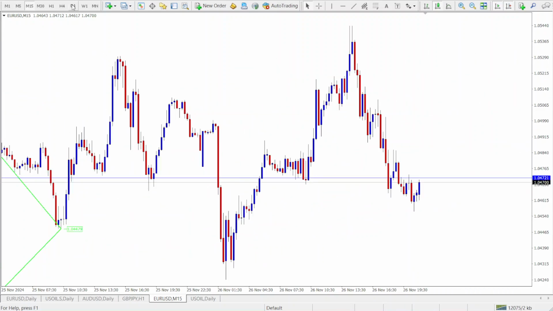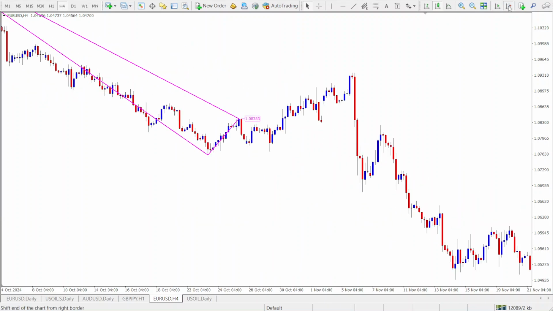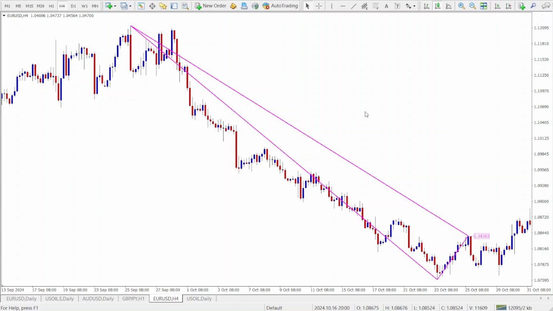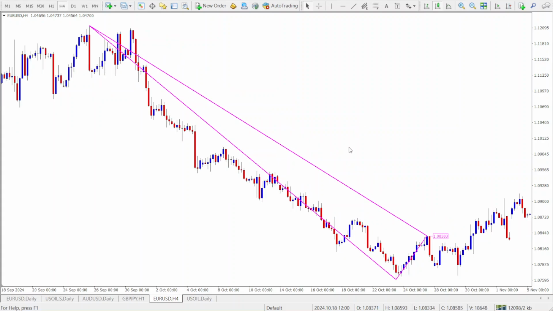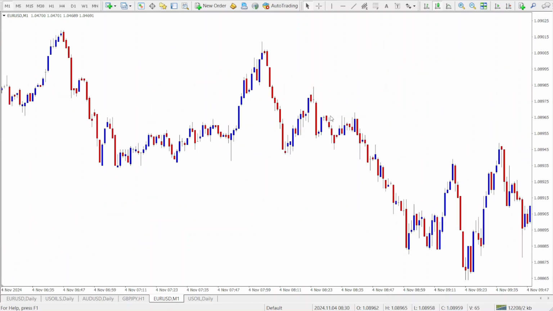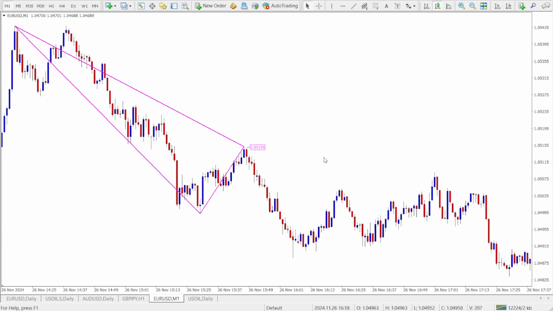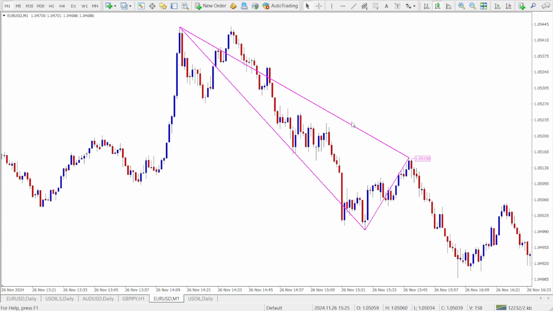Basically, whenever the indicator helps you to spot a triangle pattern, you have to trade accordingly. So for example, let us look at some examples of triangle patterns identified by the indicator. It seems like there was a triangle pattern here.